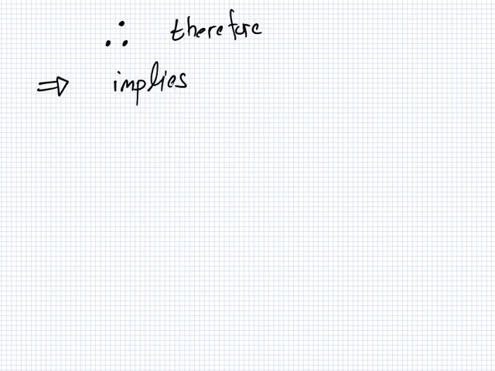So this one is therefore. This one? Equals to? No, not equal to. Leading to, yeah. So implies, or like you said, leading to. This one goes back to, not quite that.